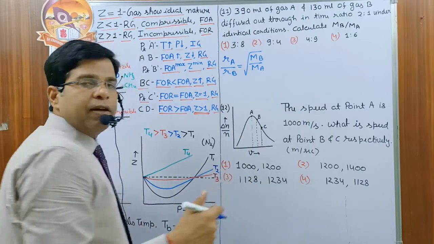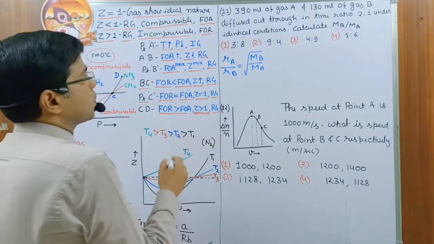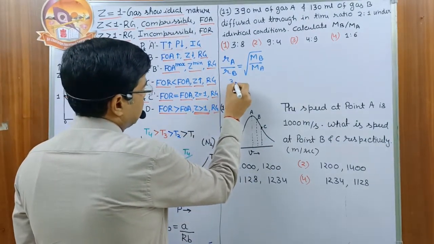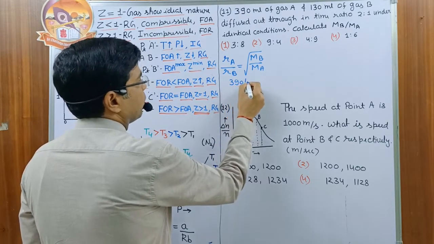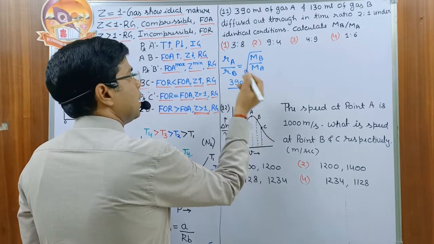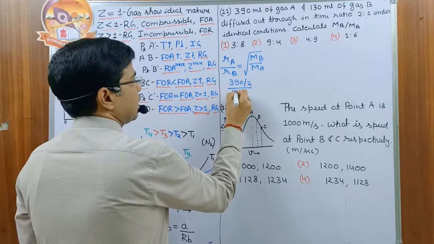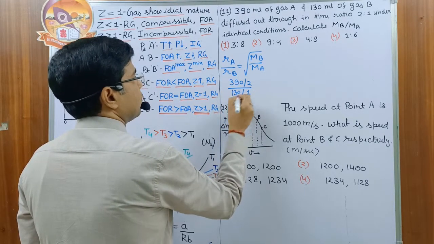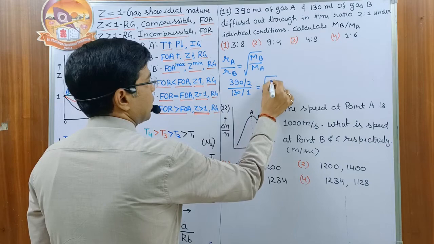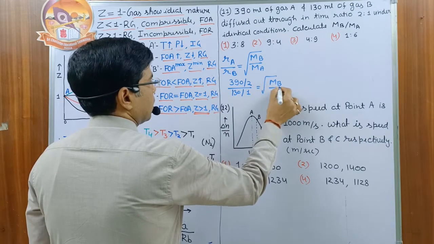Rate is defined as the volume diffused per unit time. So gas A, 390 ml volume, diffused in the time 2, and for gas B, 130 ml gas diffused in the time 1, is equal to under root MB divided by MA.